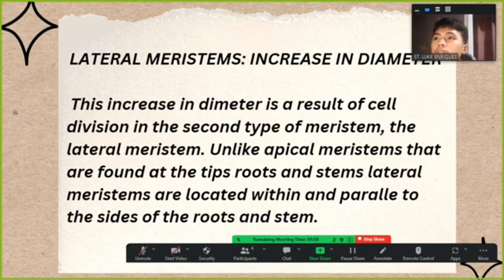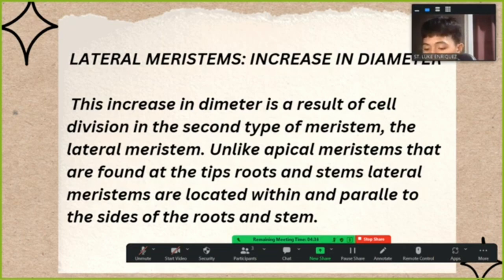Lateral meristems increase in diameter. This increase in diameter is a result of cell division in the second type of meristem, the lateral meristem. Unlike apical meristems that are found at the tips of roots and stems, lateral meristems are located within and parallel to the sides of the roots and stems.